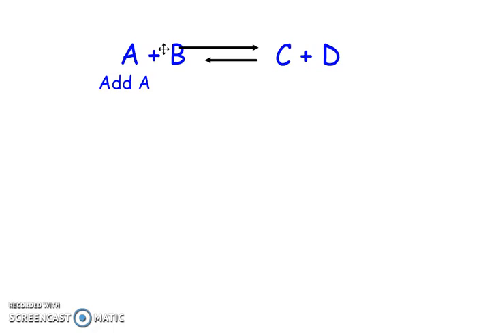This means that I am going to be producing the products faster than I'm using them up. So my amounts of products are going to increase. Likewise, I am producing reactants slower than I'm using them up, which means the amount of my reactants is going to decrease.